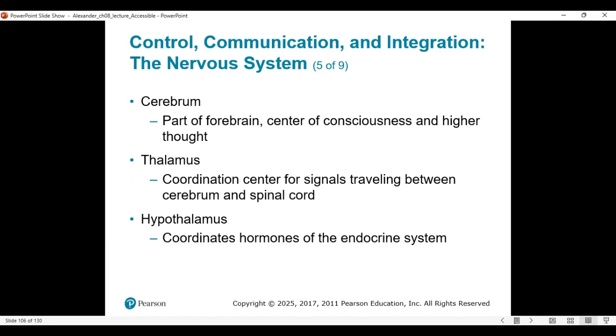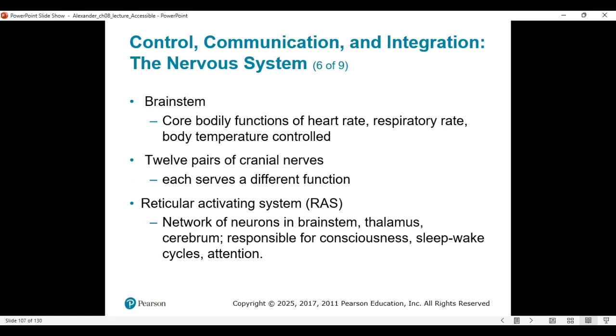This is our center for conscious and higher thought. The thalamus is a coordinating center for signals that travel between the cerebellum, the cerebrum, and the spinal cord. The hypothalamus coordinates hormones of the endocrine system. The brainstem is in charge of the core body functions like your heart rate, respiratory rate, and body temperature.